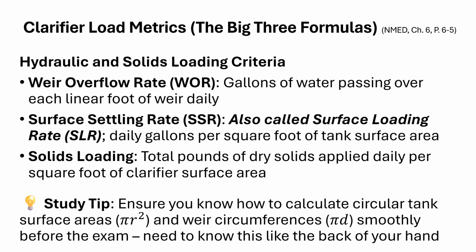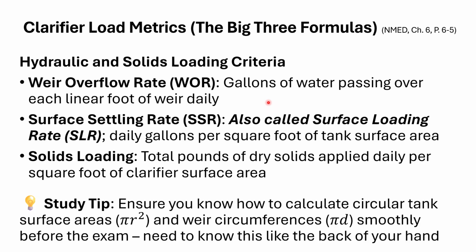There are three clarifier metrics, or ways to measure clarifier performance. We look at the weir overflow rate, which is the gallons of water passing over each foot of the outlet weir of the clarifier on a daily basis.